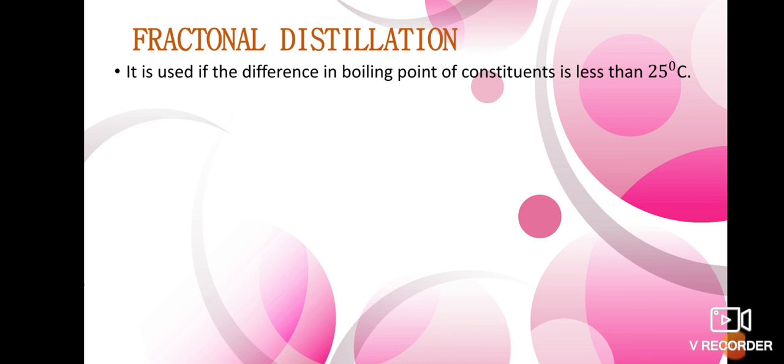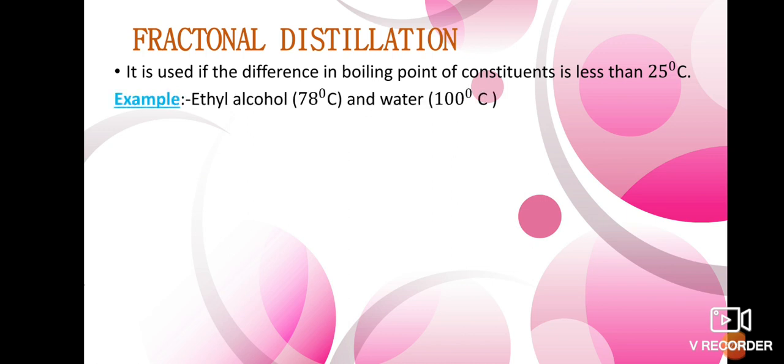It means both the liquids have a little bit of difference, and at that time the method to be used is the fractional distillation method. If they are boiling at a little difference of point, then fractional distillation method is used. Okay students, see the example, ethyl alcohol and water.